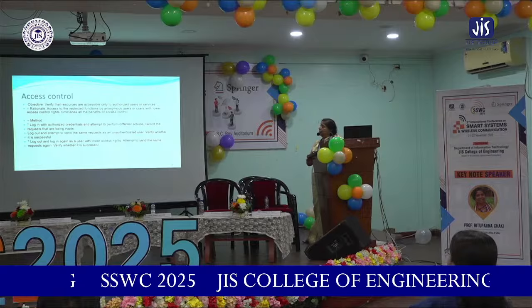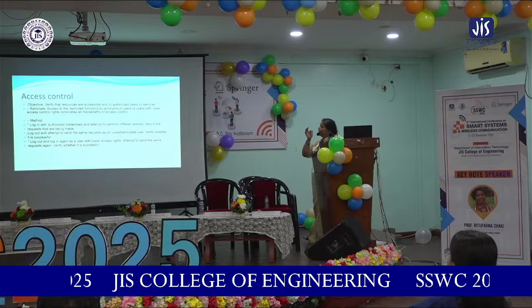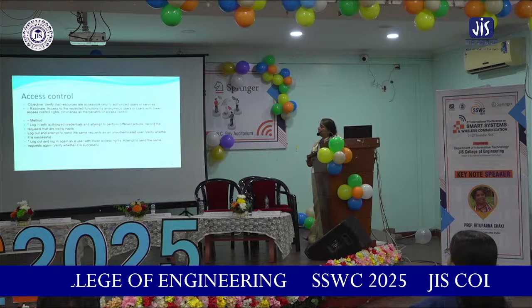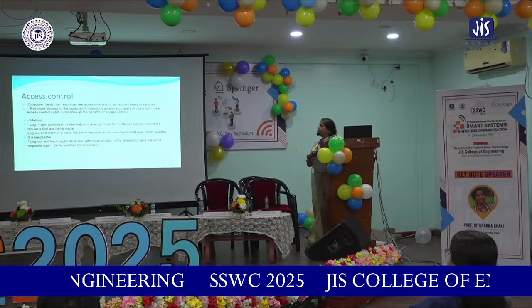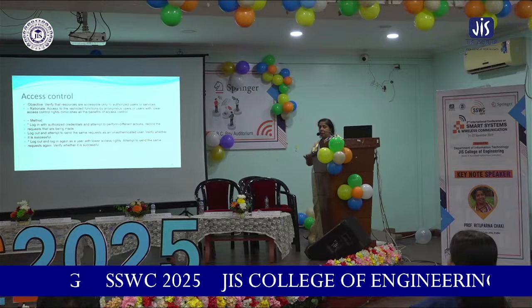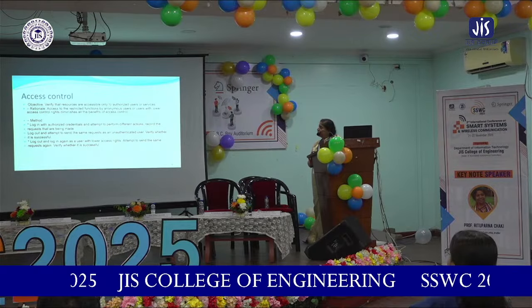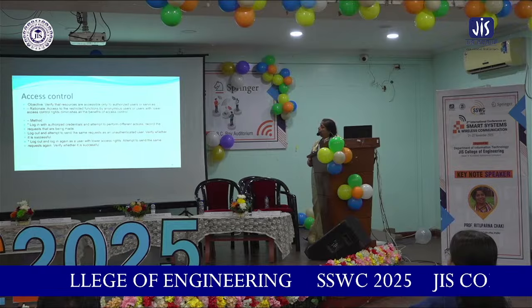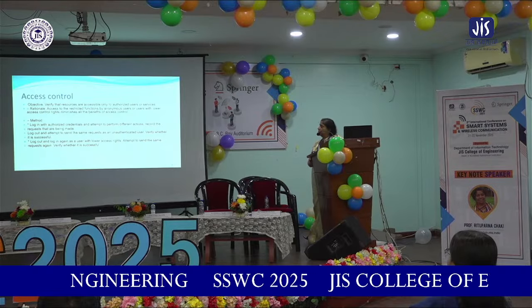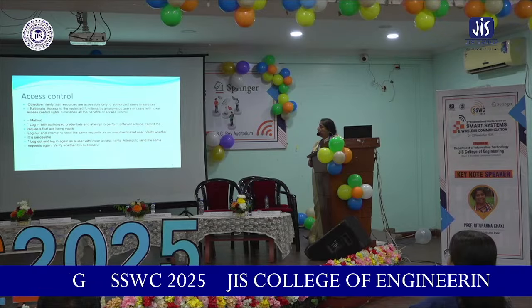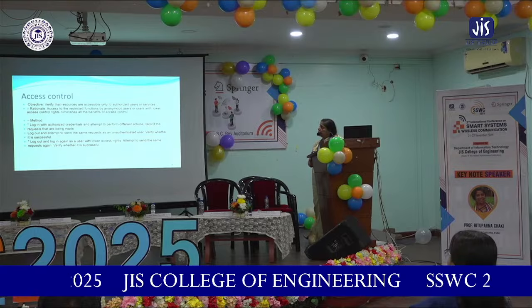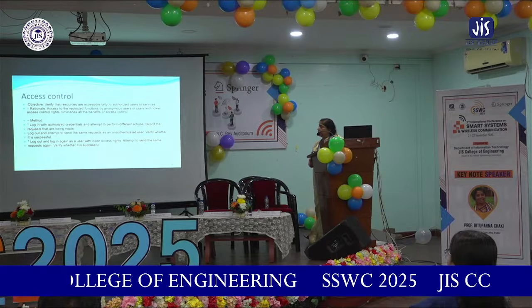which deals with the basic access control, where we verify that the resources are accessible only to authorized users or services. As Dr. Nayak was pointing out, this is very, very important, because being able to access restricted functions as anonymous users or users with lower access control rights diminishes all the benefits of the access control.